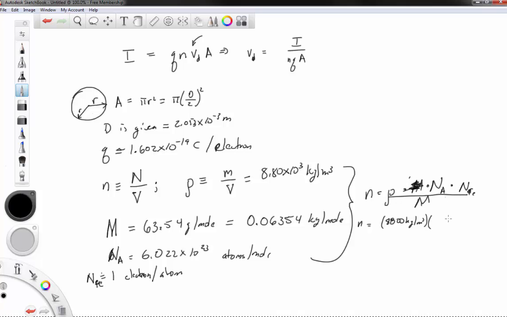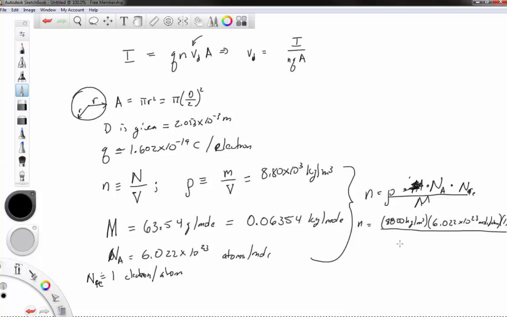Really, we should have it over M like this. So times Avogadro's number, which is 6.022 by 10 to the 23 moles per atom, and then times 1 electron per atom.